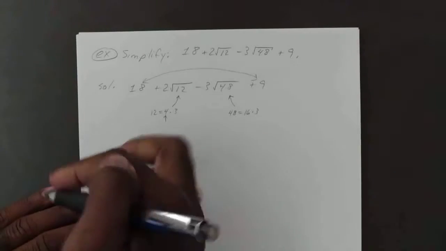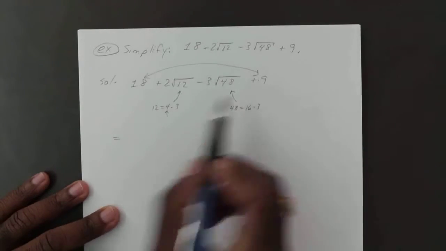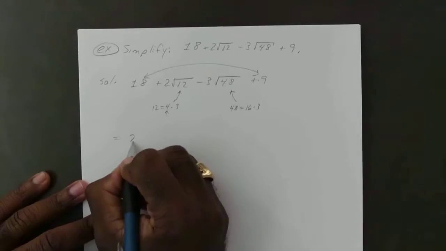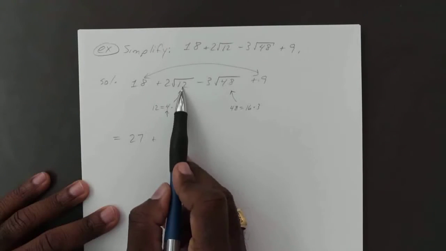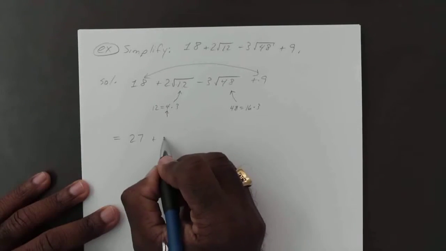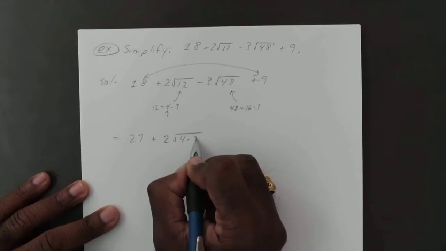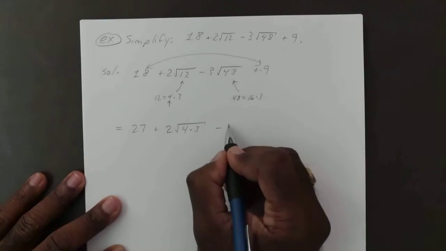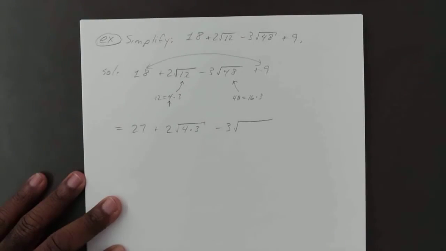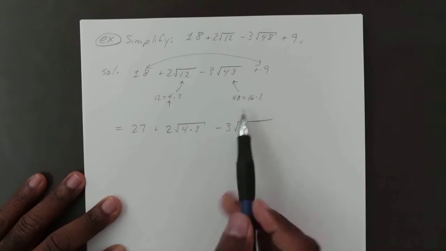Okay, where we have our perfect square in 16. So if we rewrite it, you have 18 plus 9, which is 27, plus, instead of 2 times square root of 12, we can say 2 times square root of 4 times 3. Minus 3, and instead of square root of 48, we can make it square root of 16 times 3.